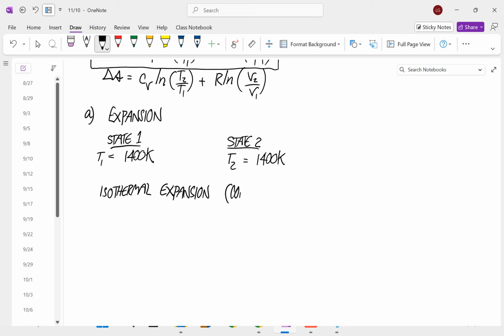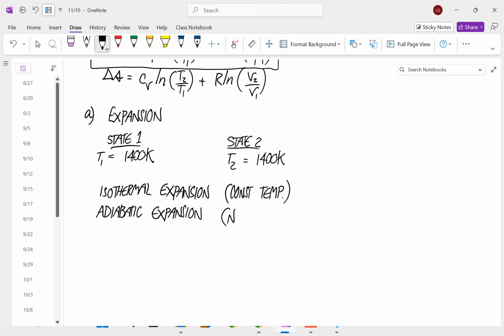So this is constant temperature. Then there is an adiabatic expansion.